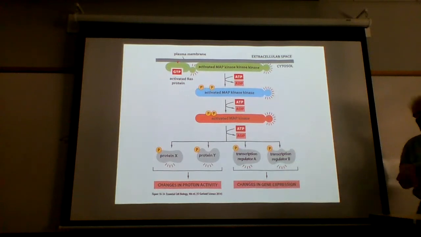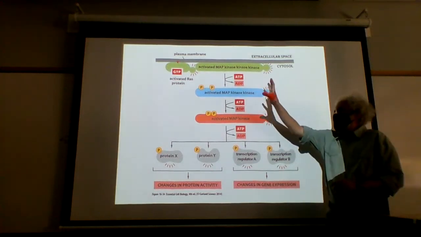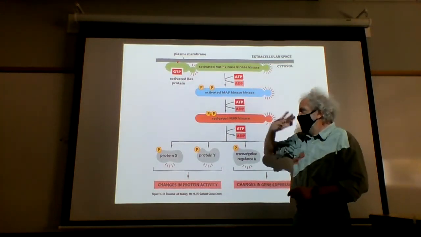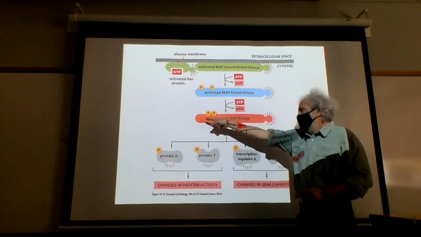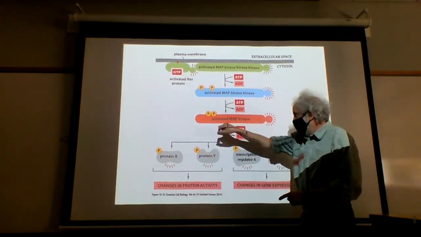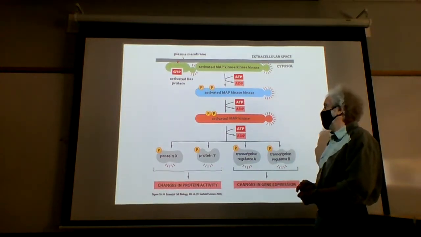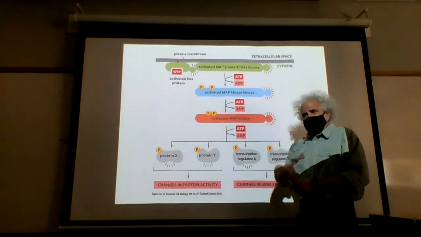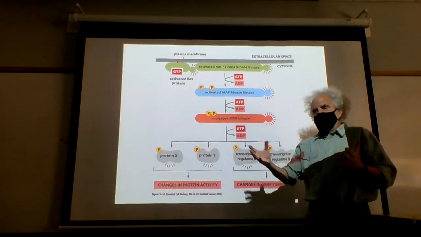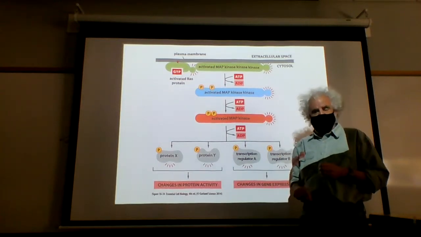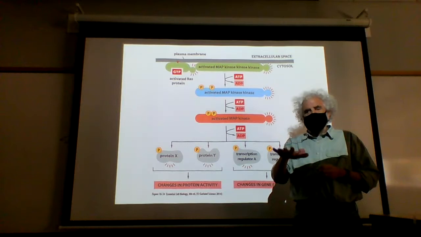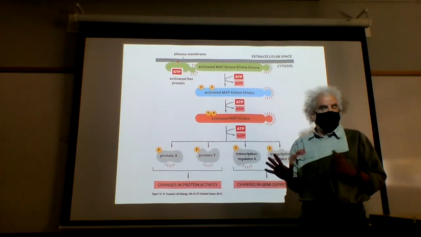And so you can kind of imagine when activated RAS protein was first being studied, people discovered this kinase, and it is referred to as the mitogen activated protein kinase. Mitogens are a generic term for anything that causes cells to divide, which in general is not a good thing to be sticking on your body.